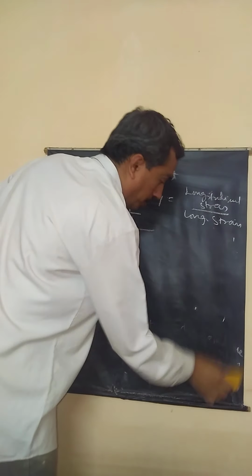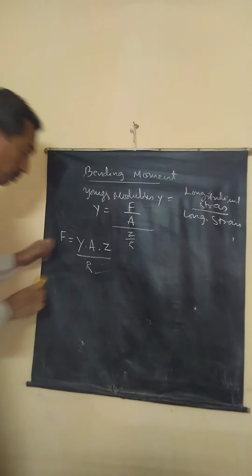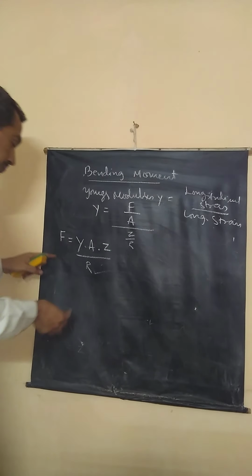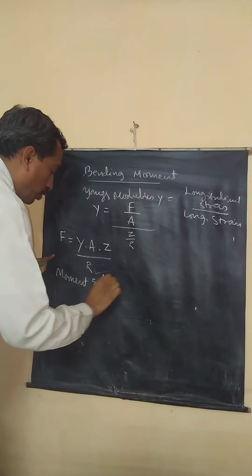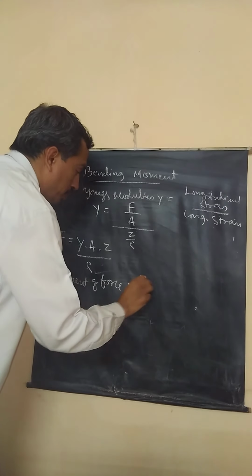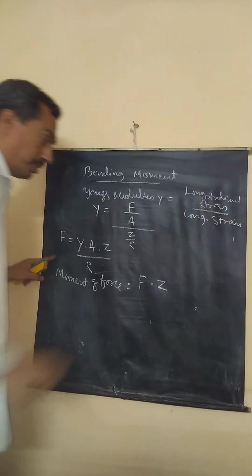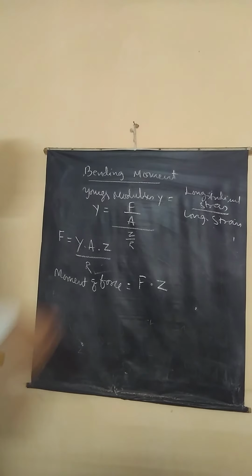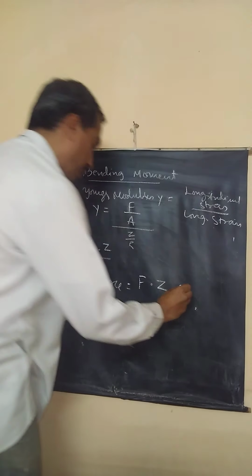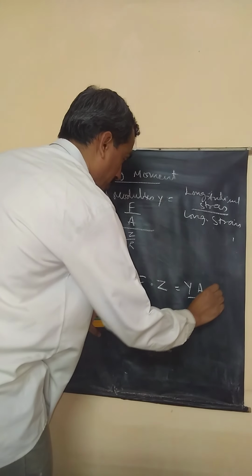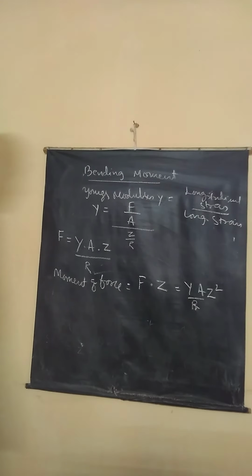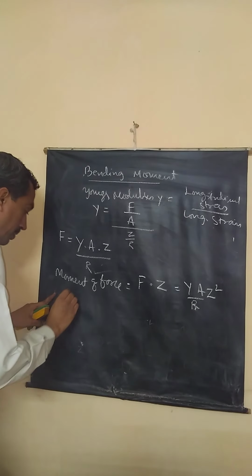Now, what is moment of this force? Moment of force is nothing but force into distance. Z is the distance between the two layers. Therefore, it is Y A by R Z square. Correct? Now I want total moment.